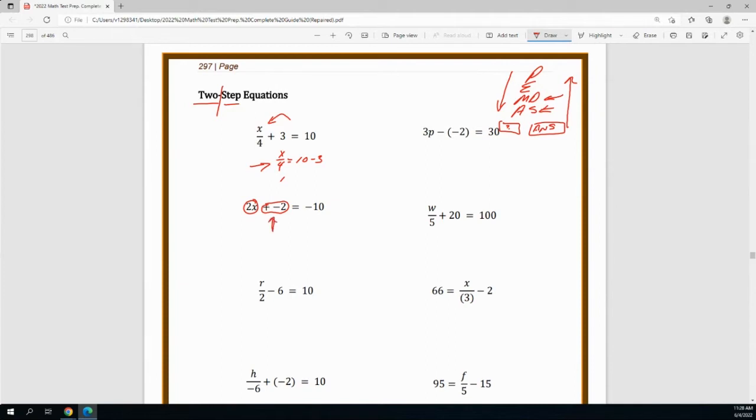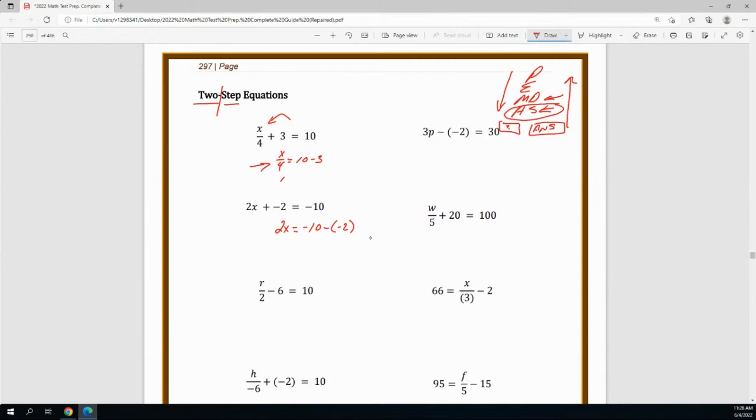If you said, hey, let's get rid of that add negative 2, that's correct. Remember, addition and subtraction are going to go first. So I want to do the opposite of adding a negative 2, which is to take the other side and subtract a negative 2. So let's rewrite. Here we go. 2 times x equals negative 10 minus a negative 2.